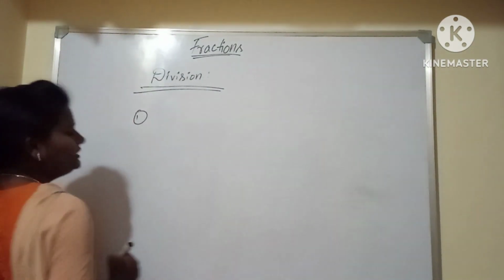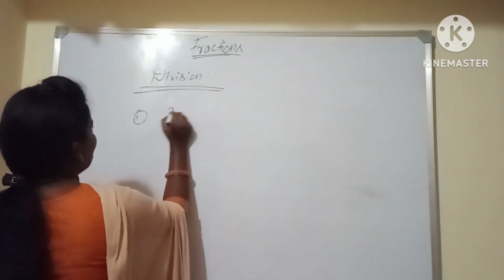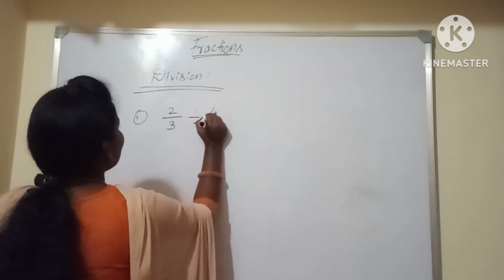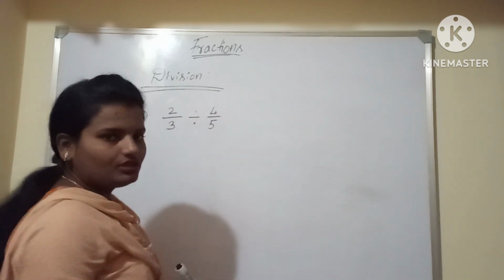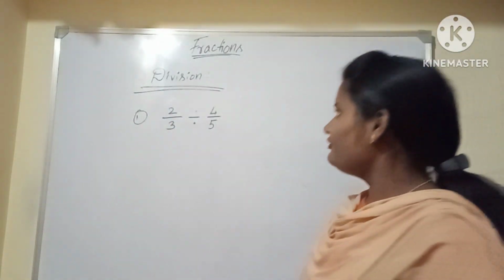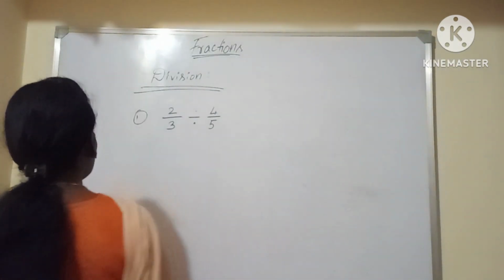So for example, I am taking 2 by 3 divided by 4 by 5, we should do. So what we should do? Here one thing we have to remember.